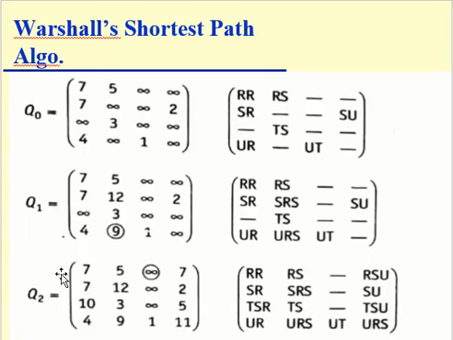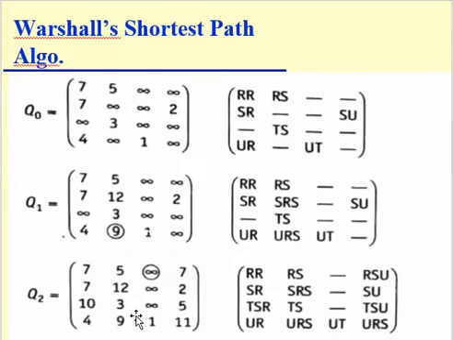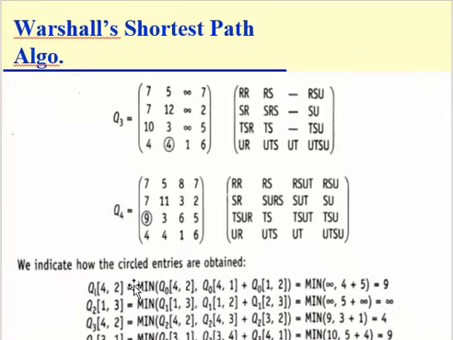You first take this one, why it is not changing, then find out this entry in Q2. You want to go from 1 to 3. Q2 1 to 3. That means I want to go from 1 to 3 through which node? 2. Now while finding these entries, you need to take the help of this Q1. So what would that be? Q2 13 will be minimum of, K is now 2.